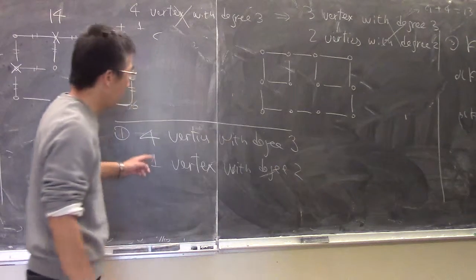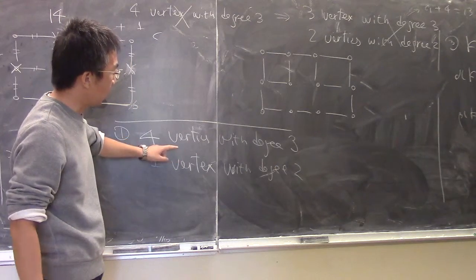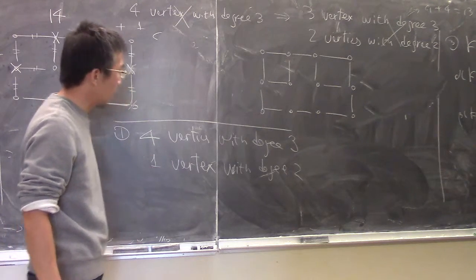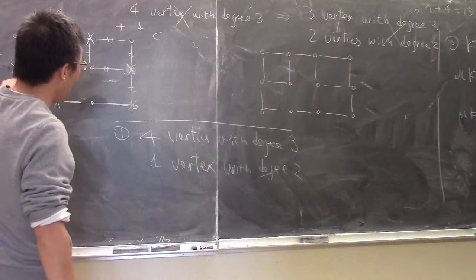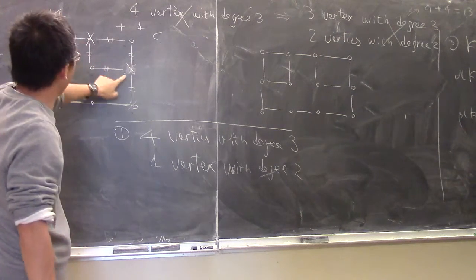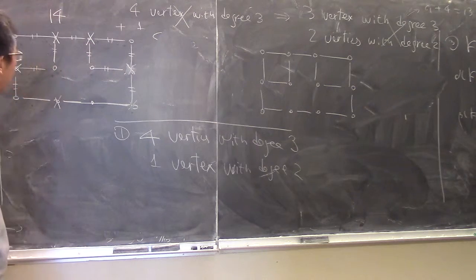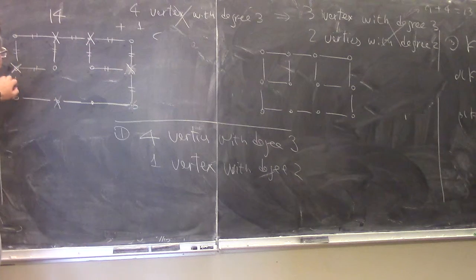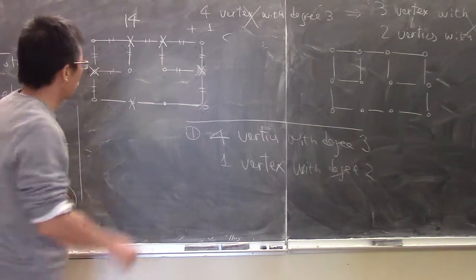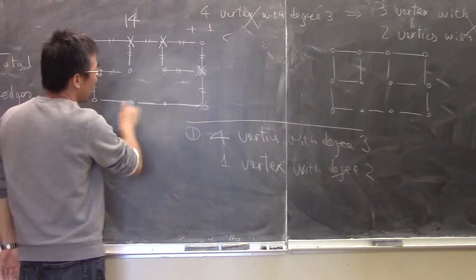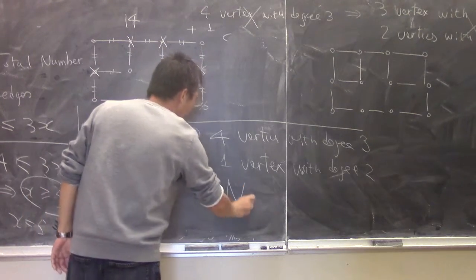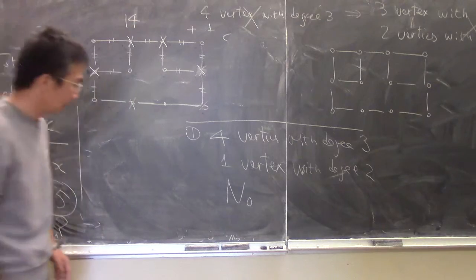And the total number of edges that can possibly be covered is 12 plus 2, which is 14. But I only have 4 vertices with degree 3, right? So 1, 2, 3, 4. So all of them have to be picked. And then I look at all of the streets. What I covered, I just mark here. Then I need 1 station to cover 1, 2, 3, 3 of them, right? So that's impossible. So therefore, this is a no. The answer is no. You cannot do that.